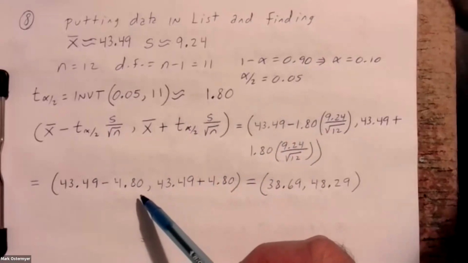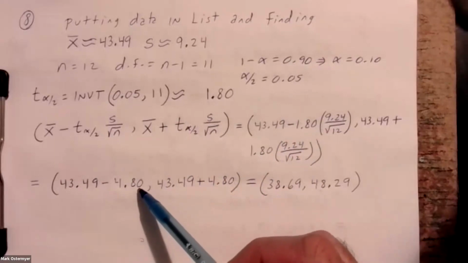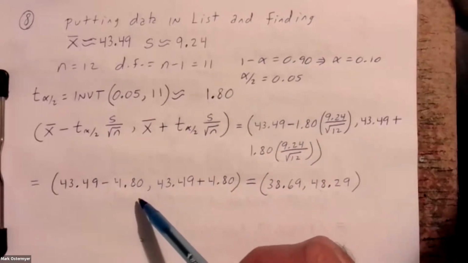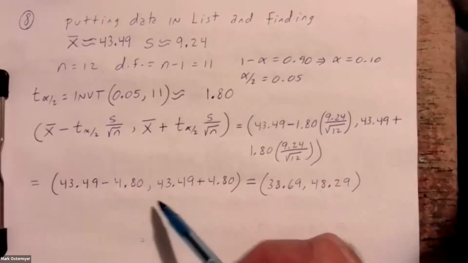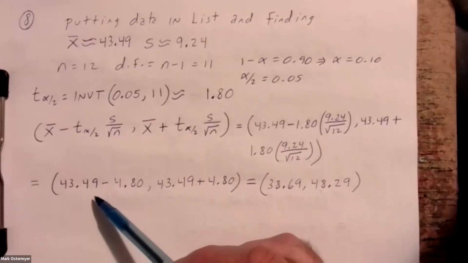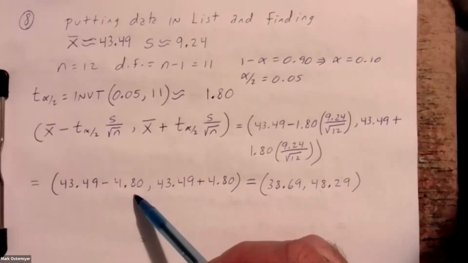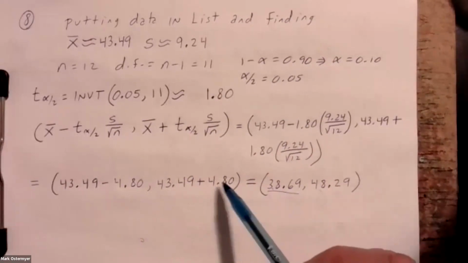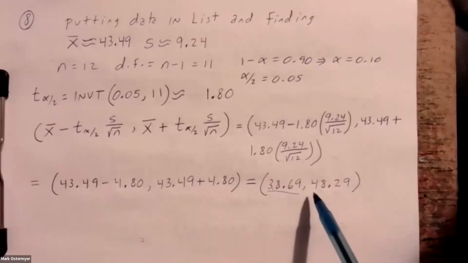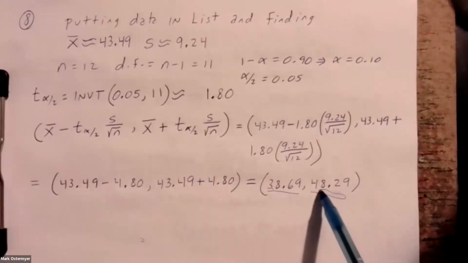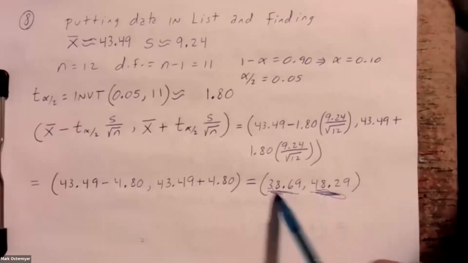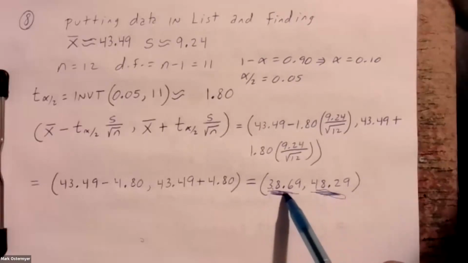Our margin of error turns out to be about 4.8 cents. These figures are in terms of cents for the gas tax. If you take the mean and subtract off the margin of error, you get the lower endpoint of your 90% confidence interval. And if you add the margin of error to your sample mean, you get the upper endpoint. That would be your 90% confidence interval for the mean gas tax for all states.